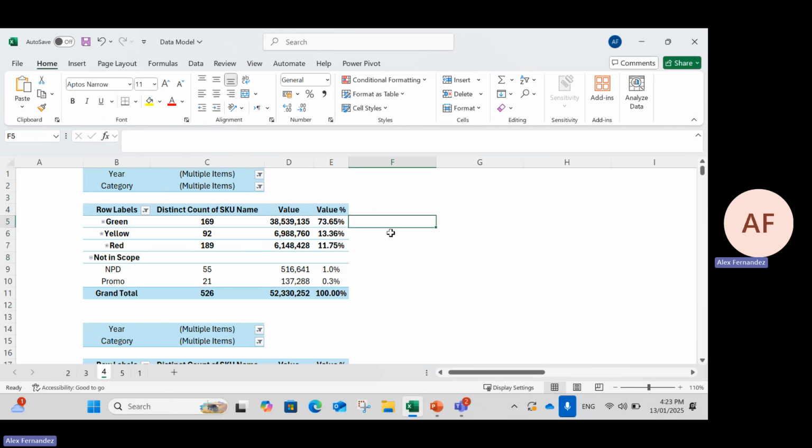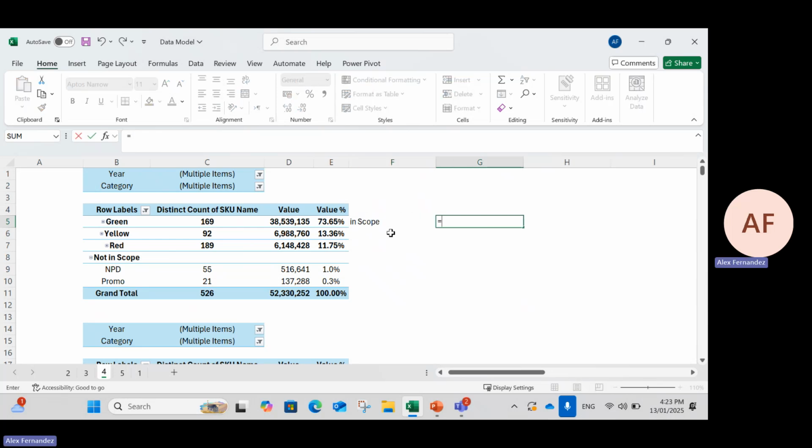So for in scope, we have to do this simple calculation. In scope is equal to yellow plus red.